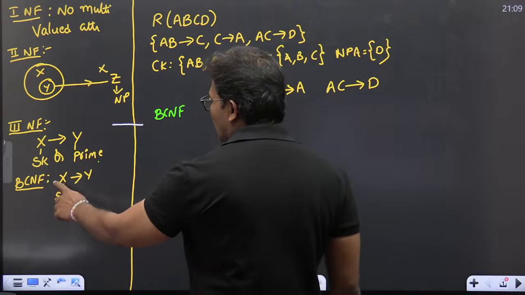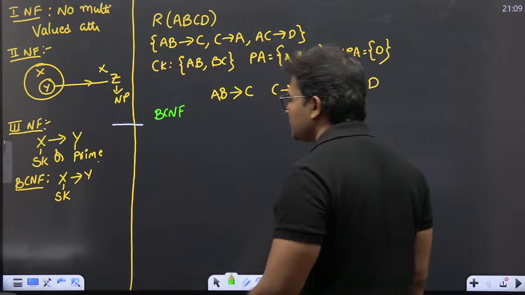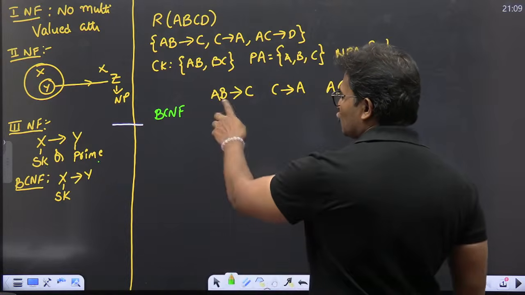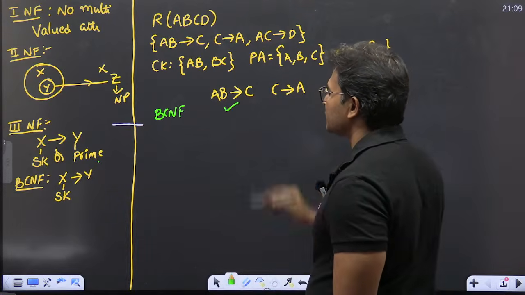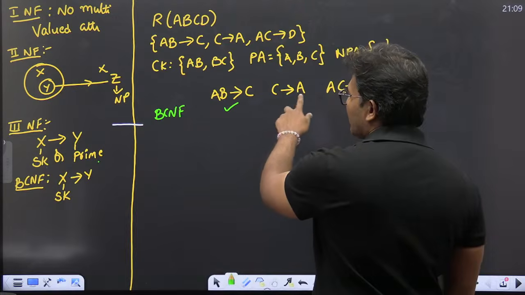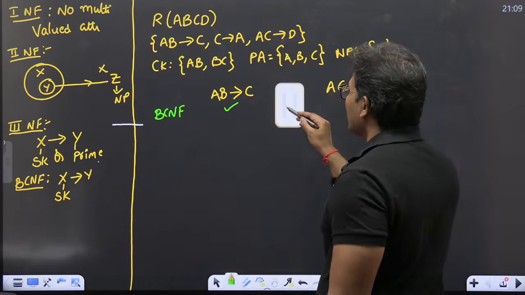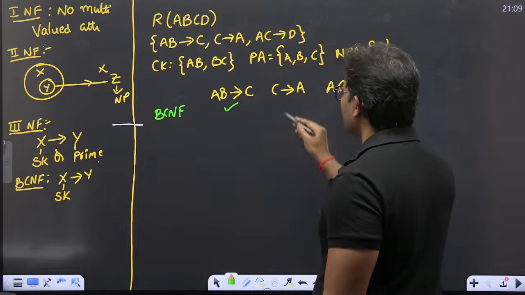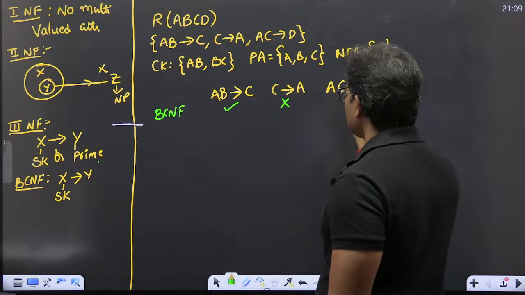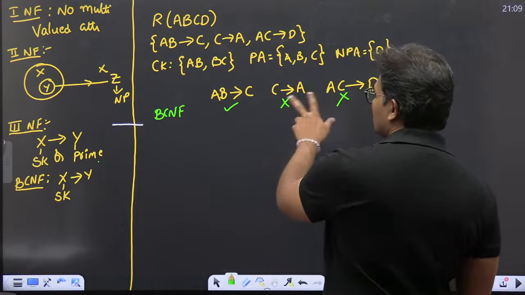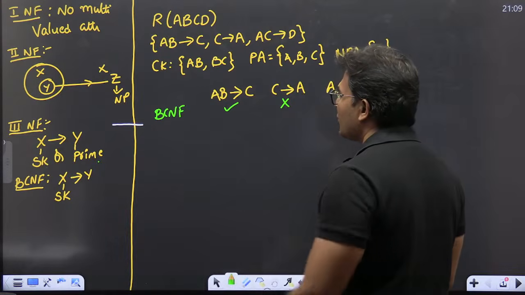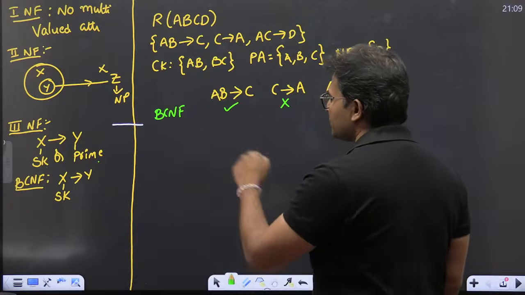The left hand side should always be a super key. That is a simple rule. For AB determines C, the left hand side is a super key, so there is no problem and it is in BCNF. But for the other two FDs, the left hand side is not a super key, therefore these two FDs are not in BCNF. Because of these two FDs, the table is not in BCNF.